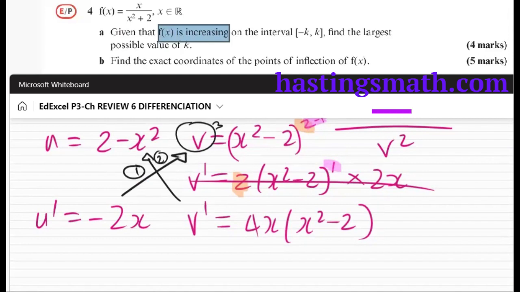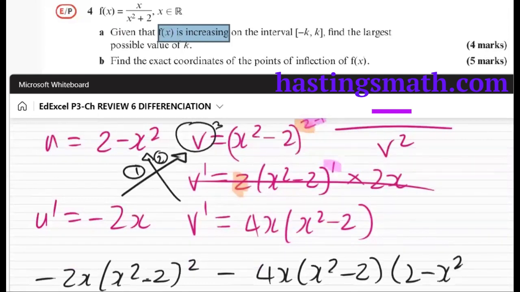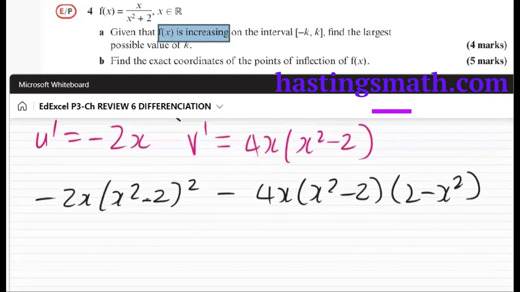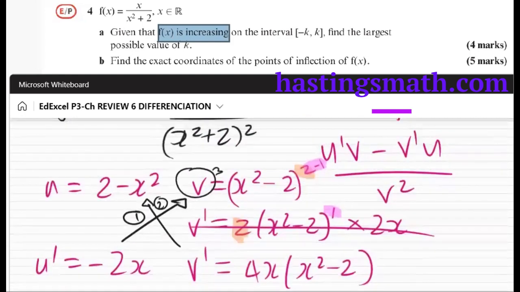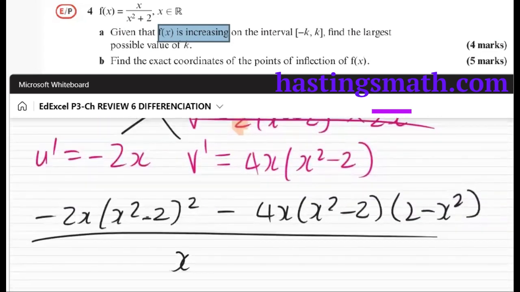Okay, so we have, let's do it. Negative 2x times by x squared minus 2, and that was originally a 2 squared, minus v dash u, 4x, x squared minus 2 times by 2 minus x squared, all over v squared, x squared minus 2 squared, squared.